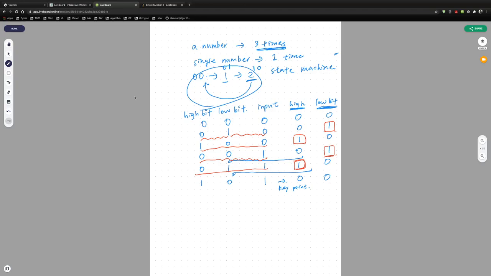For the low bit, it is reverse of high bit and low bit and reverse of input, or reverse of high bit and reverse of low bit and input.